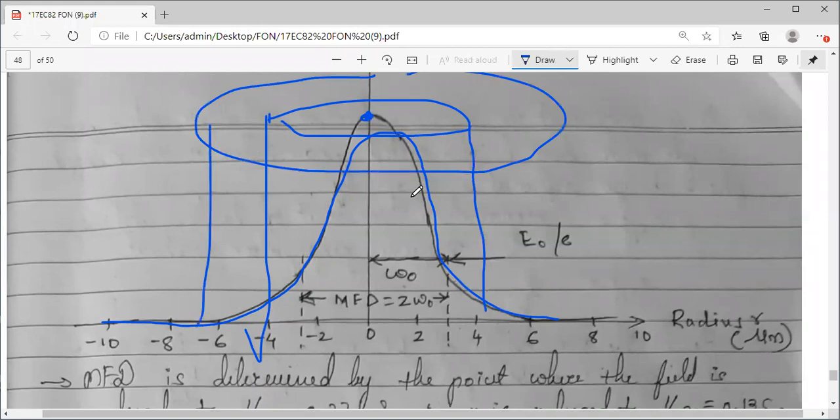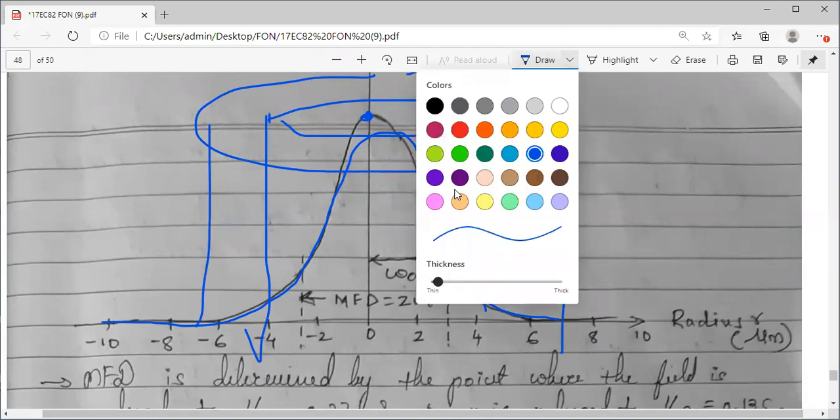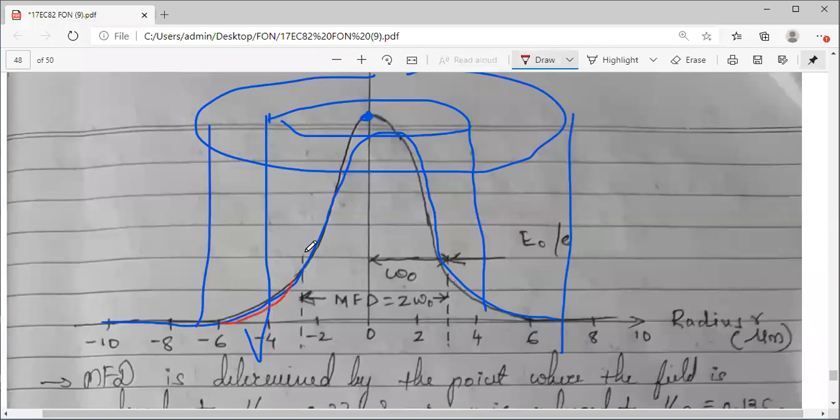Assume that. If you observe this Gaussian distribution structure, till this it is in the core region, but still some of the part is going into the cladding also, right? So how you can find the MFD? It is the field distribution.